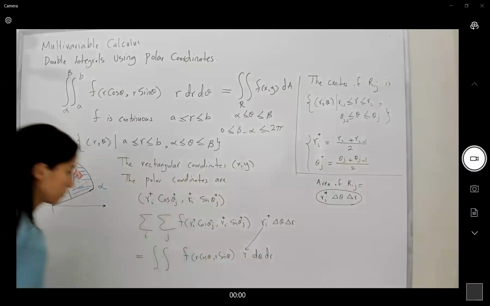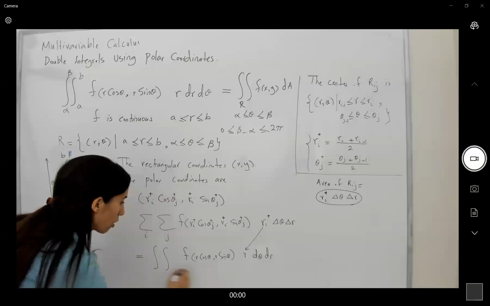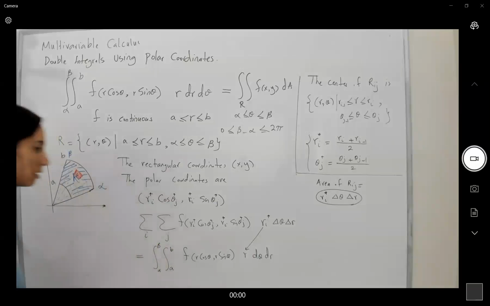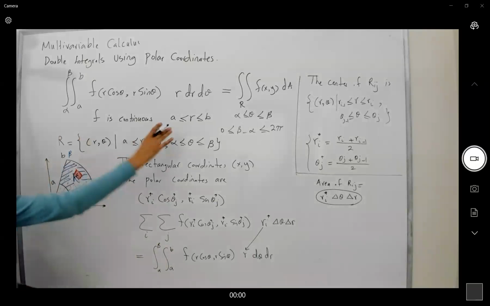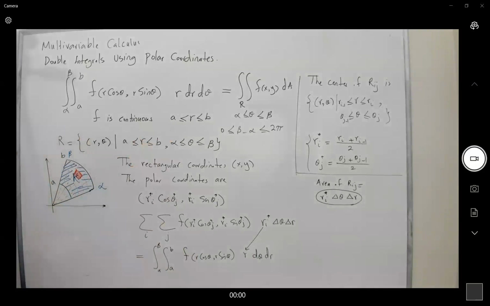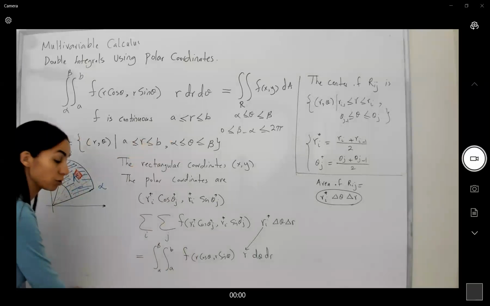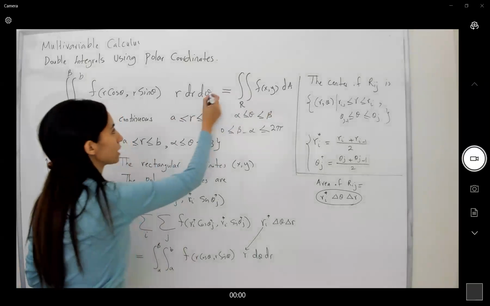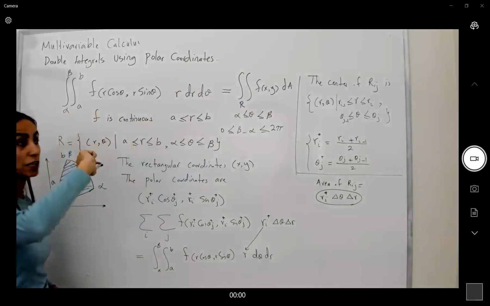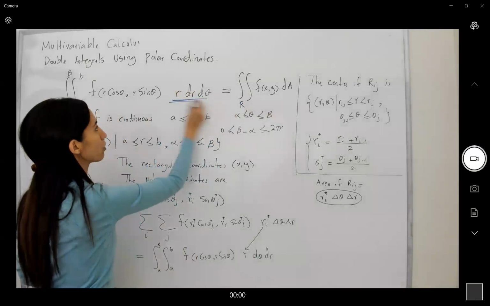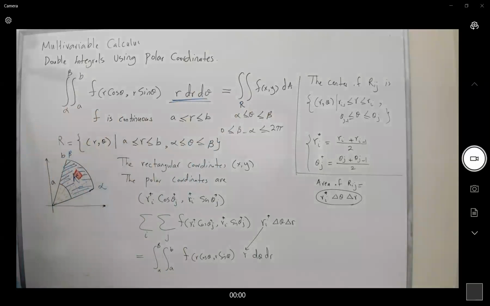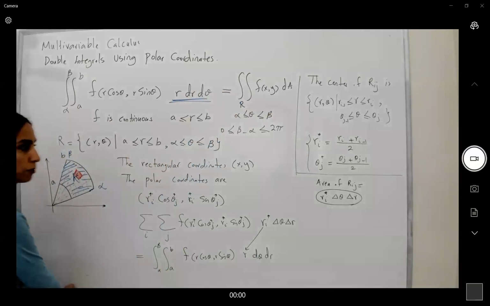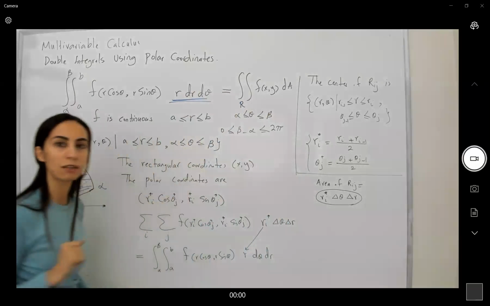And suppose your r ranges between a and b, and your theta from alpha to beta, with these conditions. That's how we get this r. It's very important. Students usually forget to write down this r when they transform their integral into polar form. They usually forget to write r dr d theta. But make sure you have your r, because it comes from finding the area of those little regions.